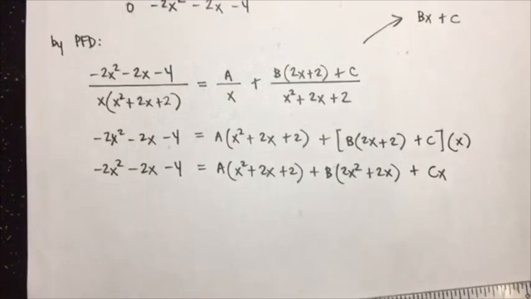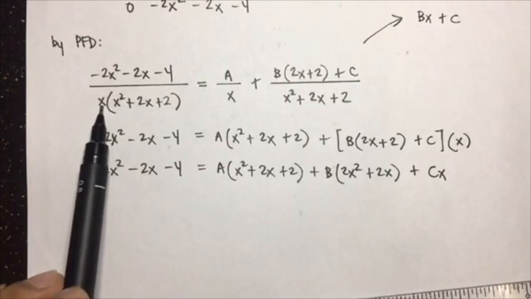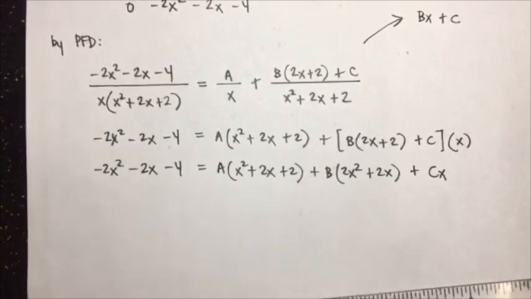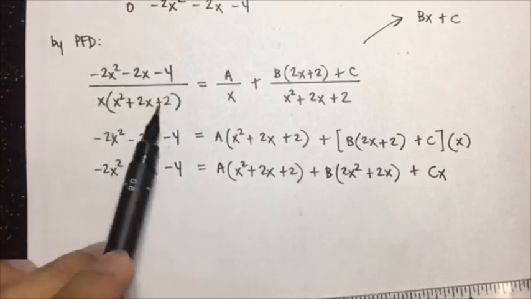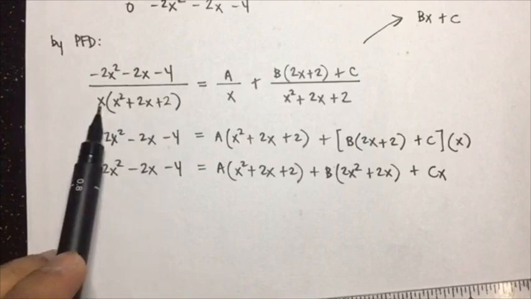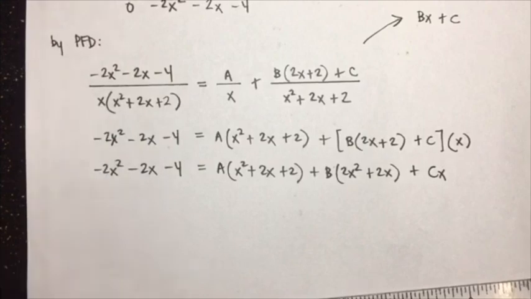Okay, so since we have a linear factor, we can substitute a number so that we can solve for one of the unknowns. So here we have x and x squared plus 2x plus 2, so we can equate x is equal to 0.